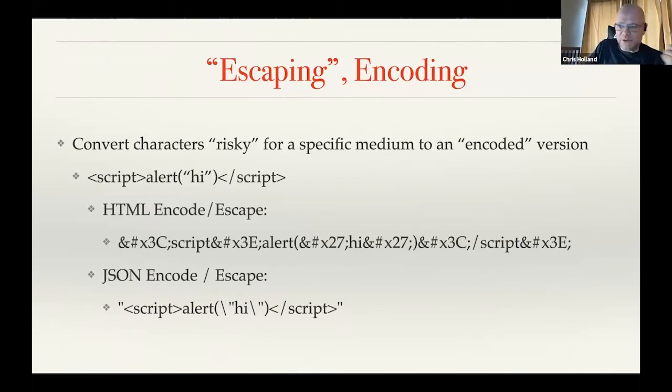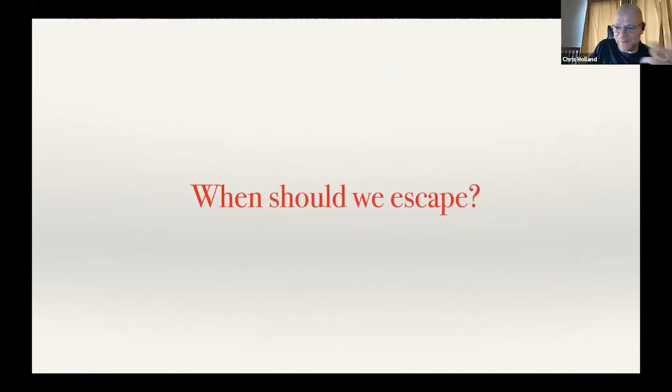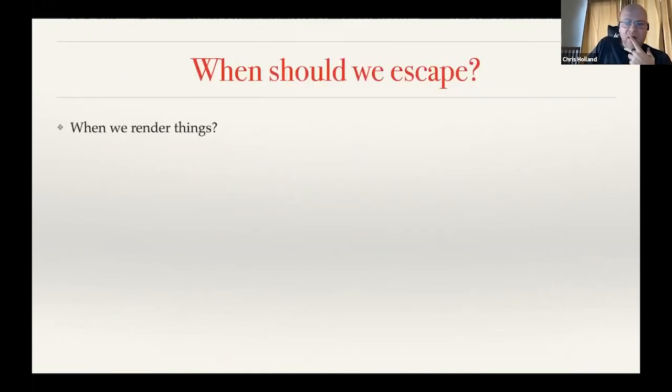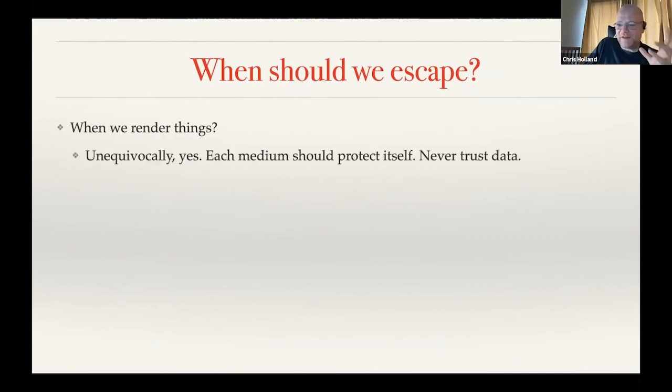And this leads me to the question, when should we escape? Should we escape when we render things? My answer to this is yes, every time. Your HTML rendering engine should protect itself. Your JSON output engine should protect itself from data.